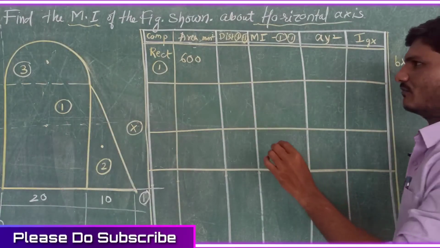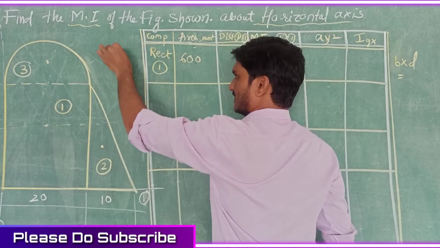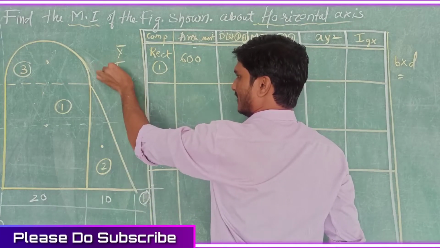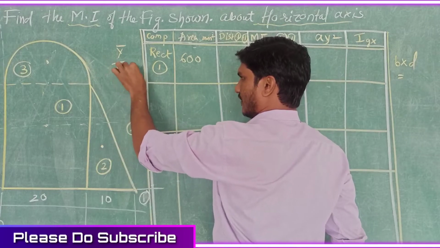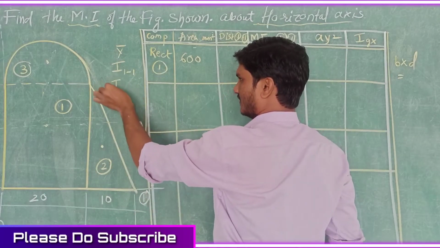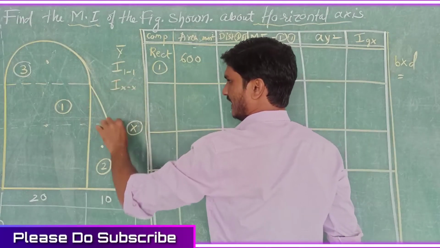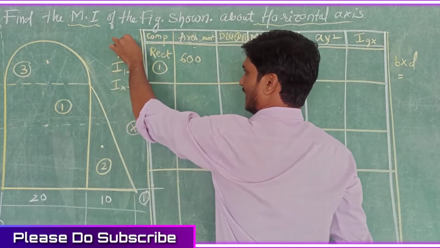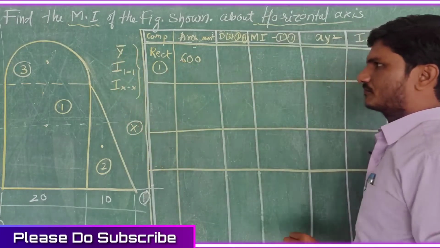We need to calculate the y bar first, and the moment of inertia along the reference line, the horizontal axis x. So these three values you have to calculate in this problem.